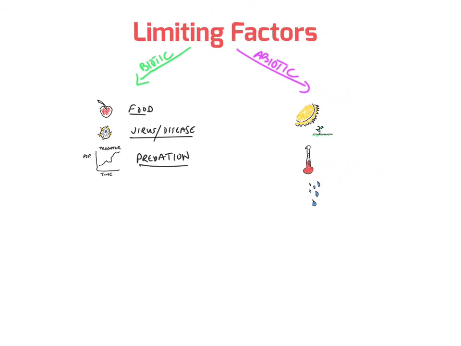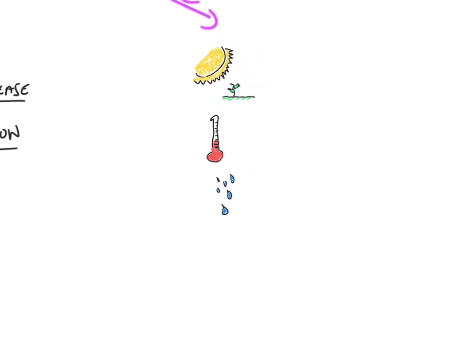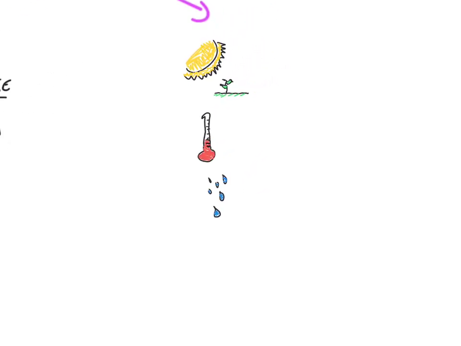Some abiotic or non-living limiting factors, of course, that we need to talk about. I'm just going to list them here. Sunlight for all living things is a very important abiotic limiting factor. The second one, of course, is temperature.